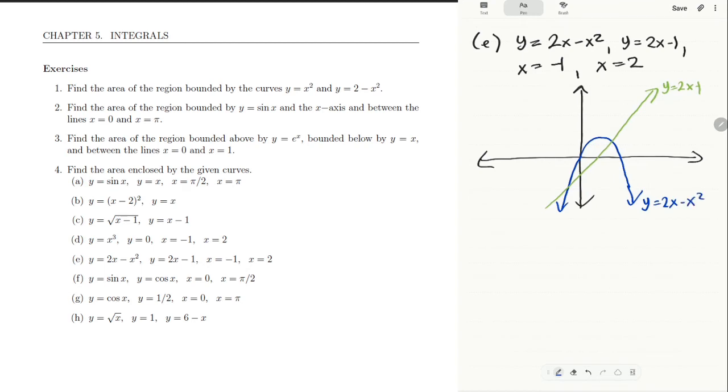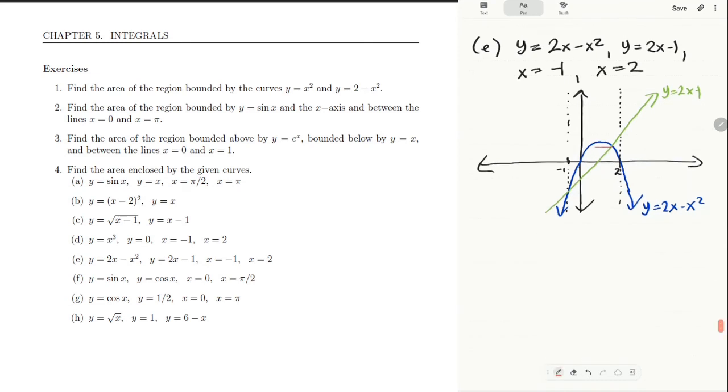And so the region that's bounded between -1 and 2 will give us two regions.